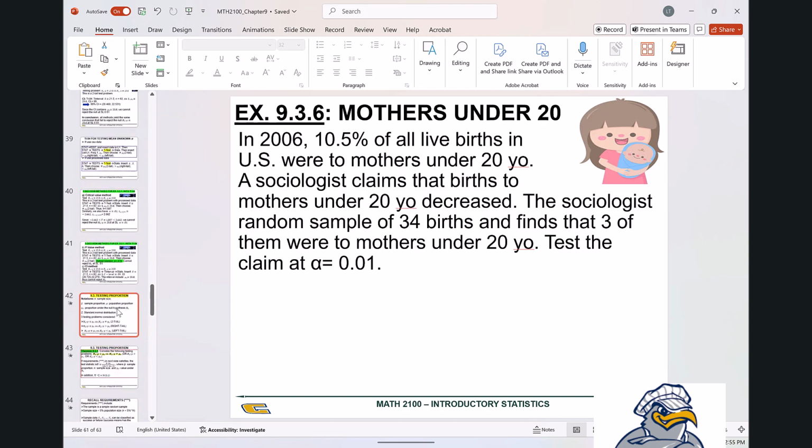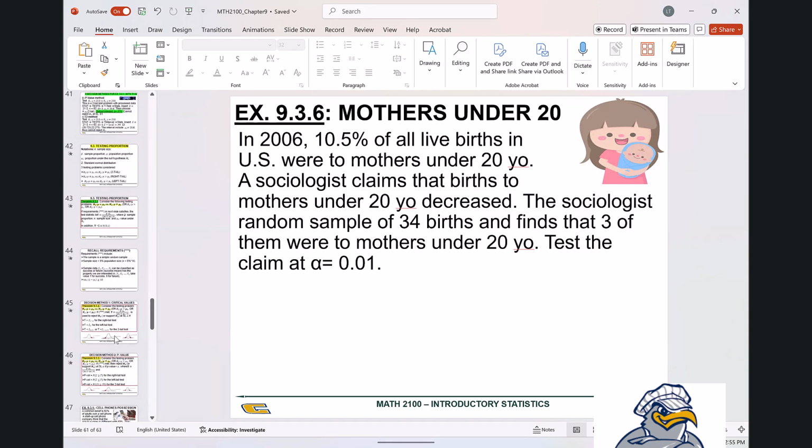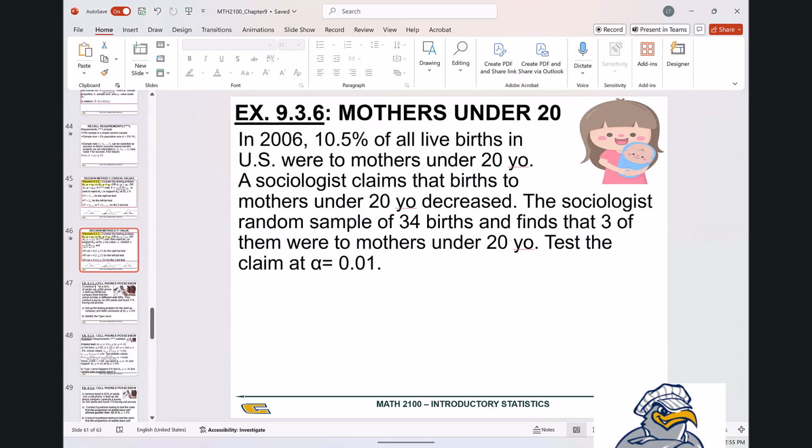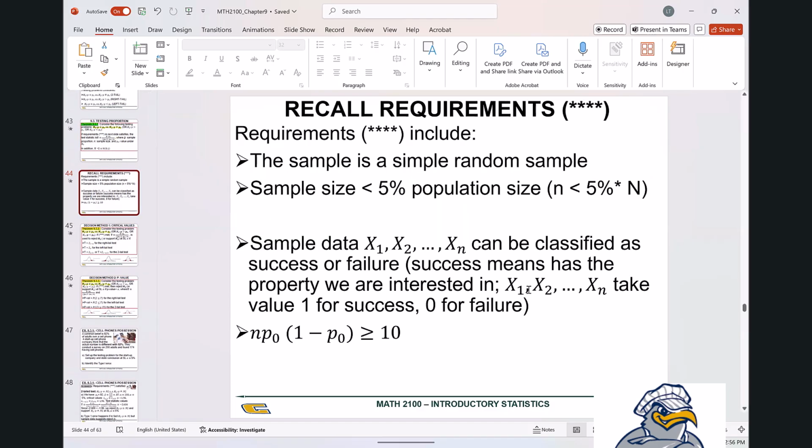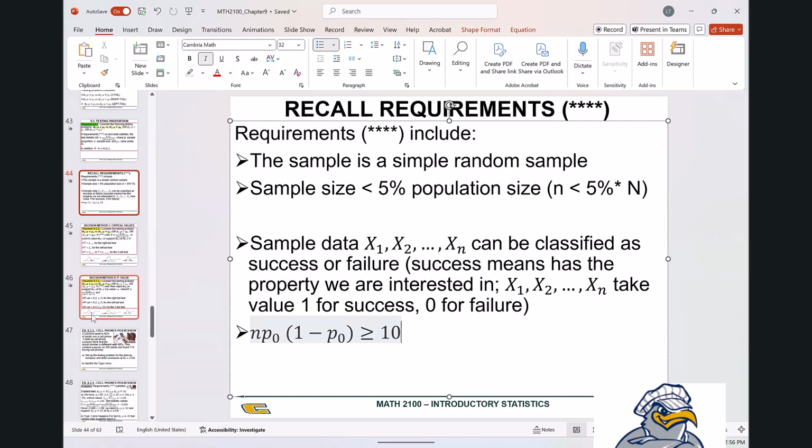The other condition asks about success or failure, and that is also satisfied, because a birth may belong to a mom under 20 years old or not. But this next one is the one you need to take extra care with.